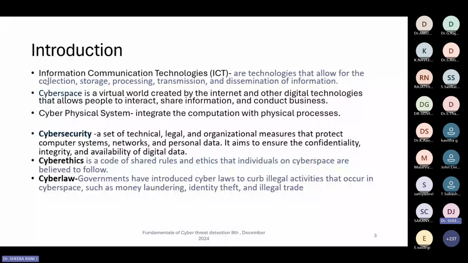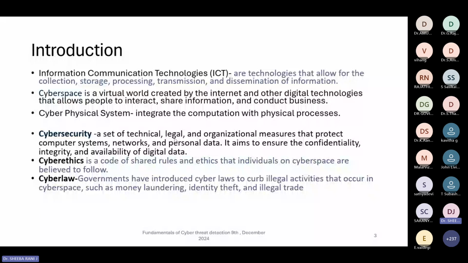With this, next I'm introducing some fundamental terminologies under cyberspace: cybersecurity. It is a set of technical, legal, and organizational measures that protect computer systems, networks, and personal data. The main thing in designing a cyber security system in our virtual environment is the objective: to ensure the confidentiality, integrity, and availability of digital data.